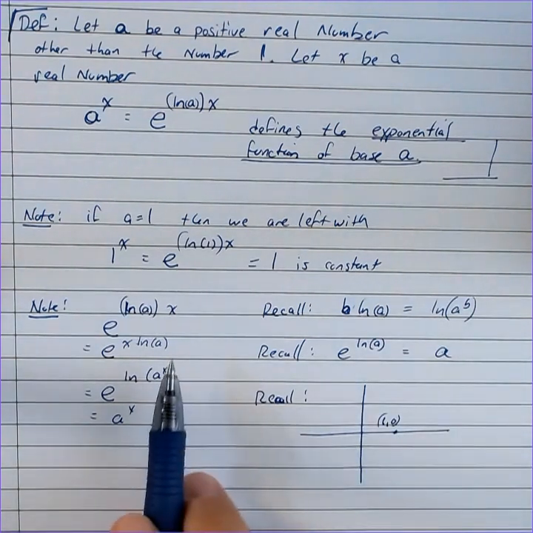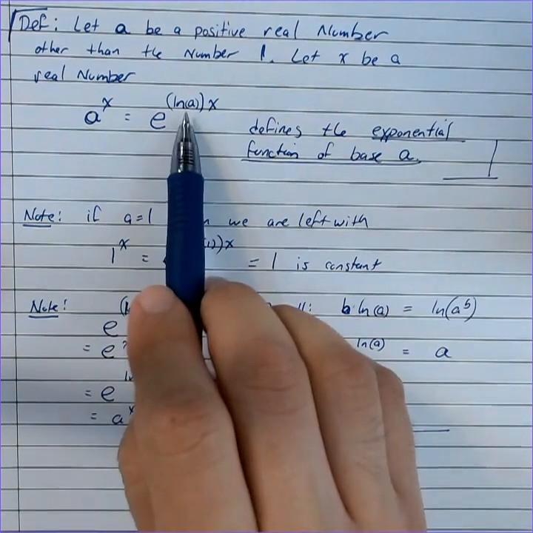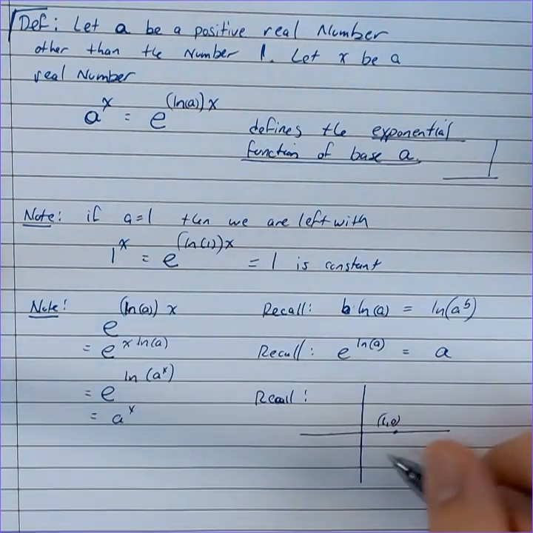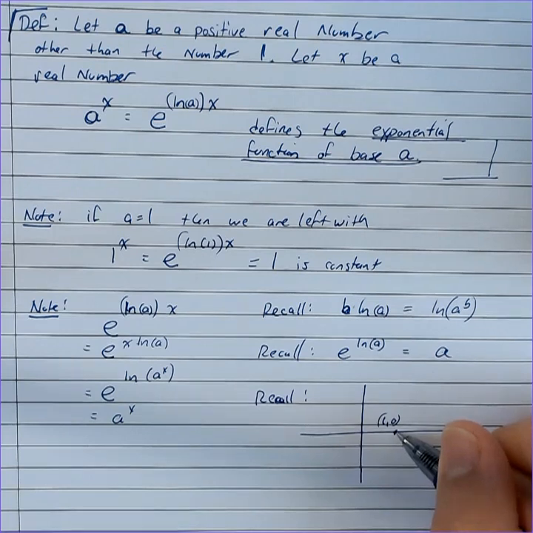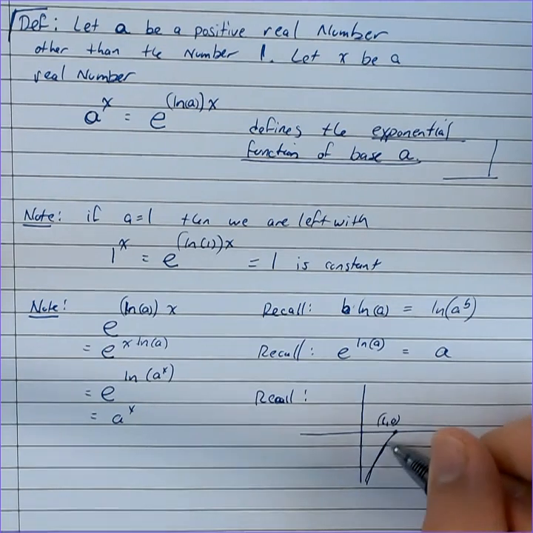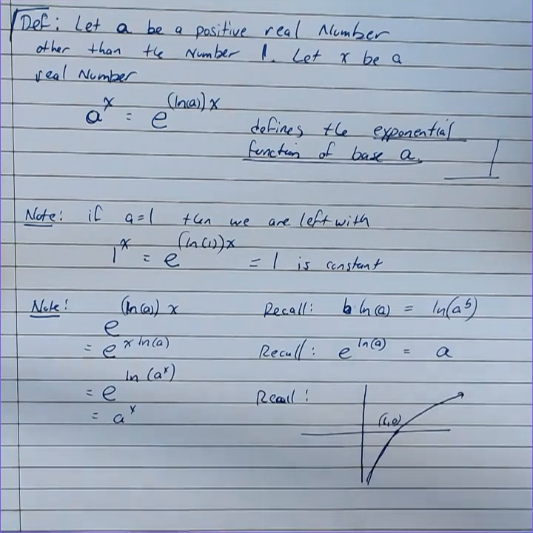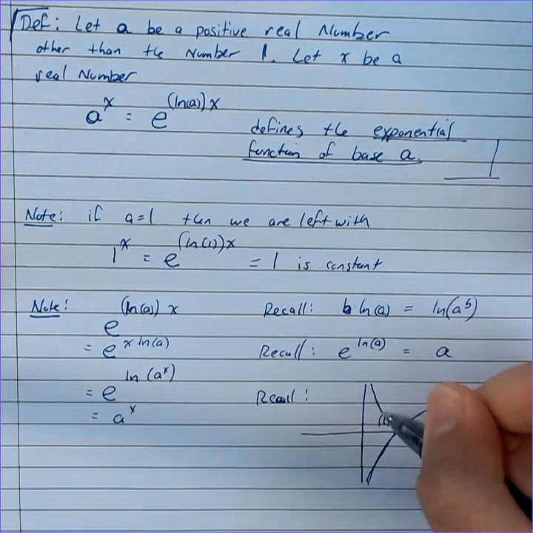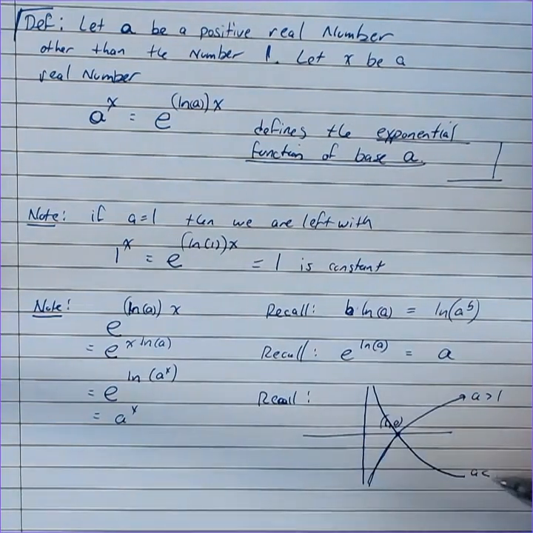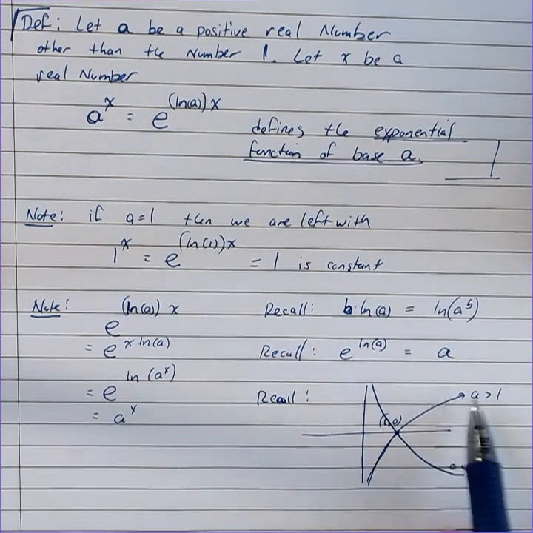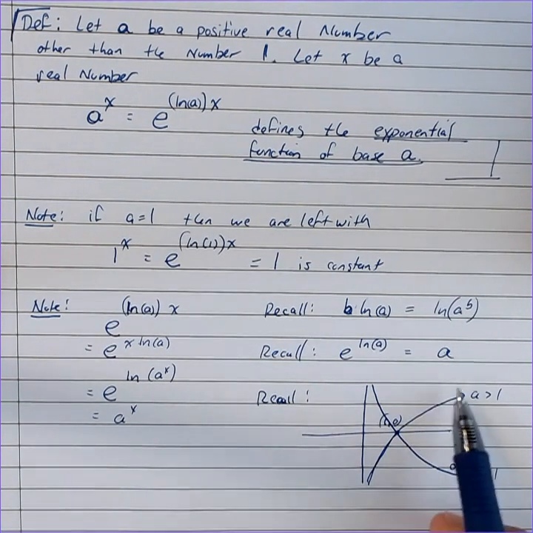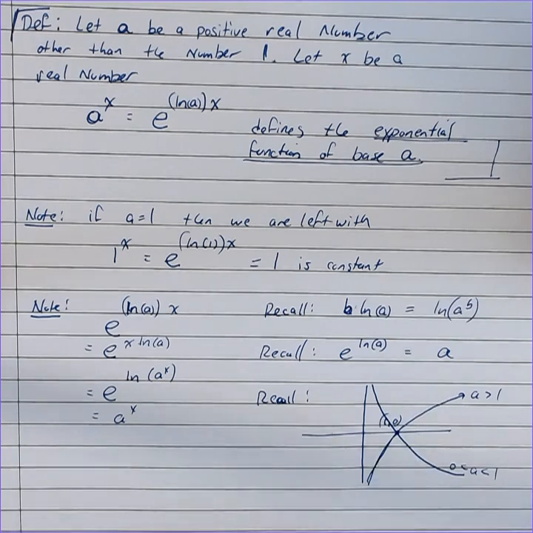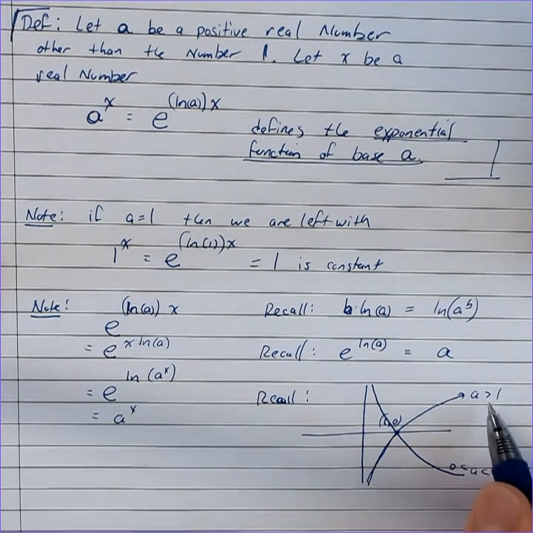And the natural log of a, regardless of what a happens to be, is either going to look like this, assuming that a is greater than 1, or it's going to look like this if you assume that a is less than 1, but still greater than 0. Oh, actually, I take that back.